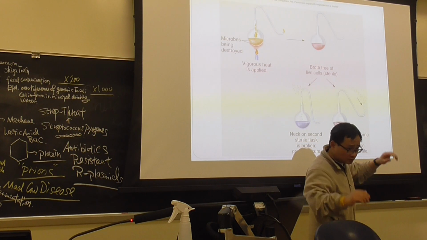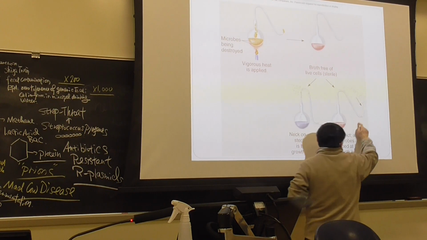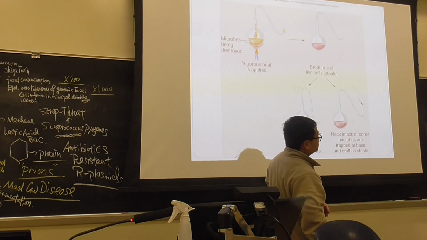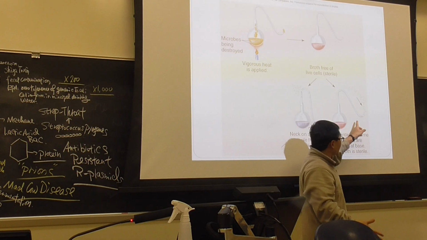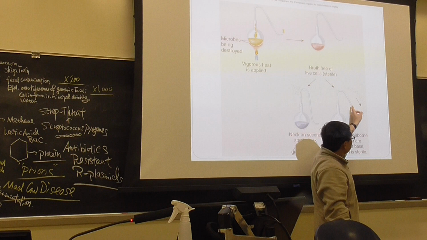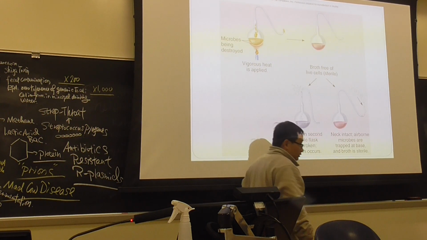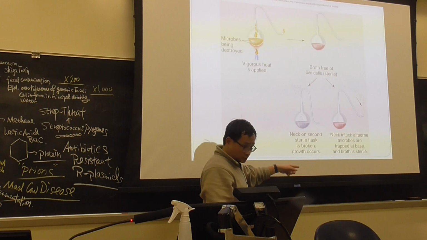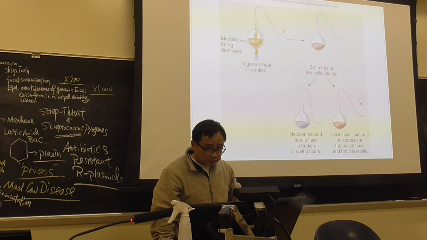Now what's the difference? Because of this neck, the swan neck. The theory is that the bacteria have been hiding there instead of going to the broth. So that tells us the microorganisms will not generate spontaneously.